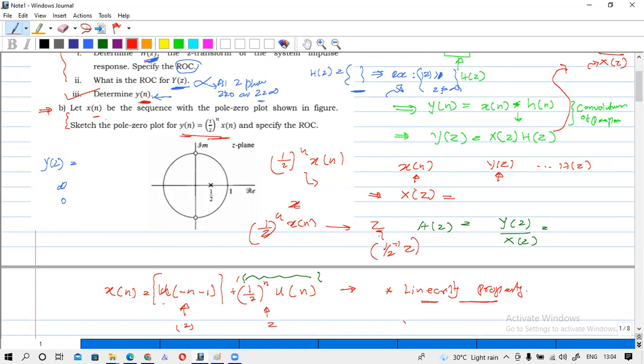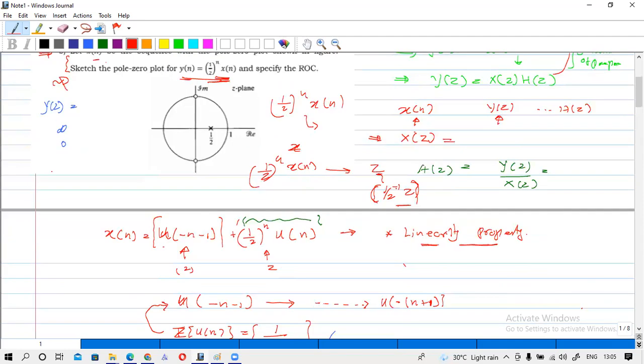Instead of this z, you have to apply this one. Then you can get the answer for this one also. And I think you can find the pole zero plot. That depends on the mathematics, not on the z transform knowledge. That mainly depends on mathematics knowledge. Can you try this by yourself?